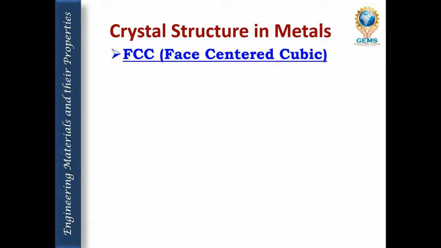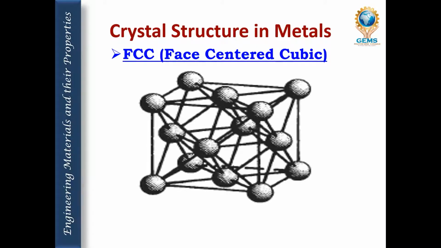Next we'll go for the FCC, that is face centered cubic. This is the structure of a face centered cubic. It is an arrangement of atoms in crystals in which the atomic centers are disposed in space in such a way that one atom is located at each of the corners of the cube and one at the center of each face.